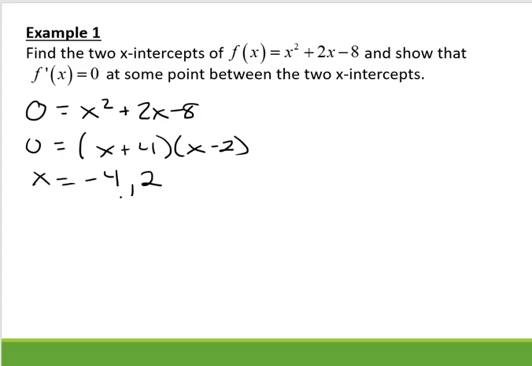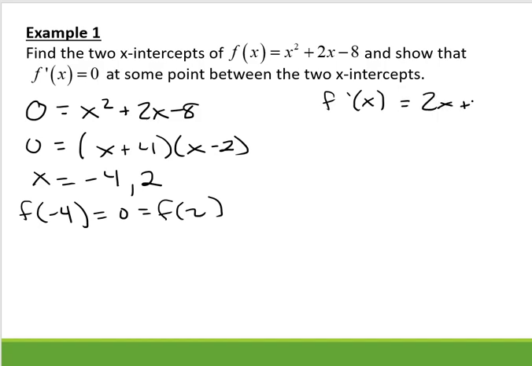And since f of -4 equals 0, which equals f of 2. Okay, so now I find f prime of x. The derivative of that is 2x plus 2. I need to show that this equals 0 sometime in between there. That happens at x equals -1.